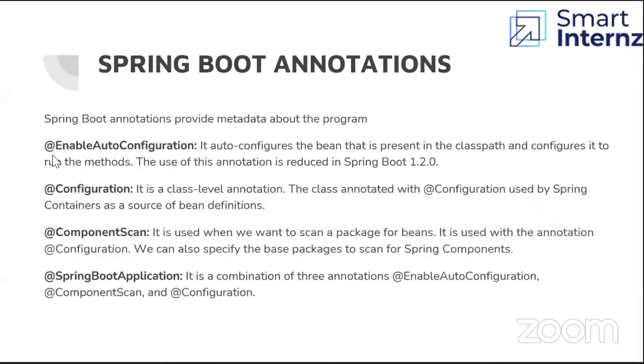This feature will be enabled for us by using this particular annotation. If you use it in your Spring Boot project, then we'll get the feature of Spring Boot's auto configuration. But now it's deprecated. So we got another annotation other than this.